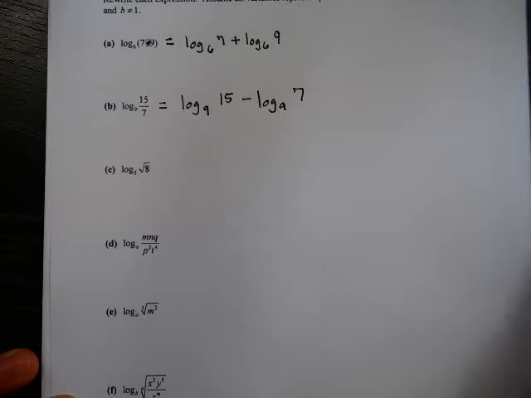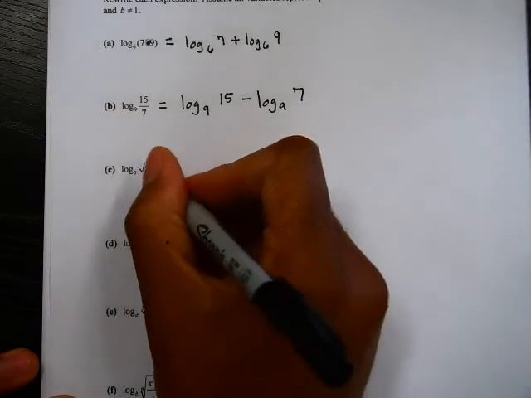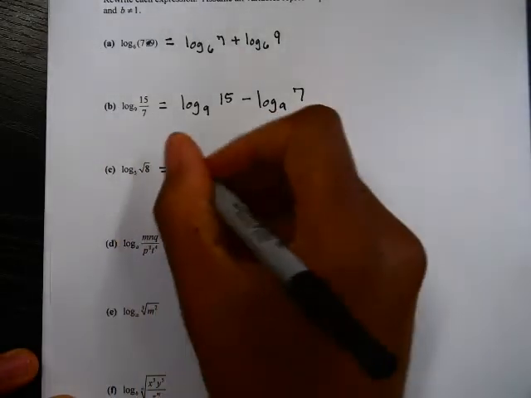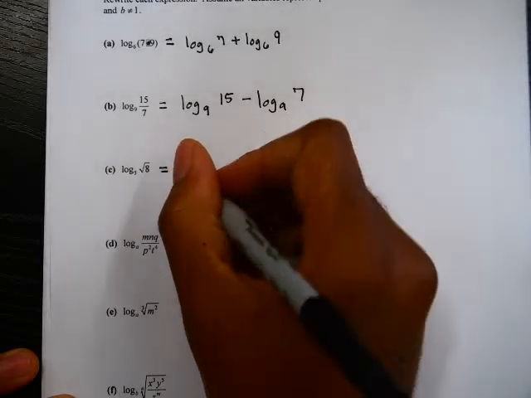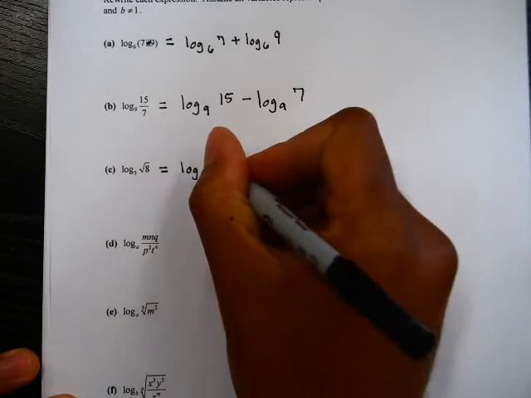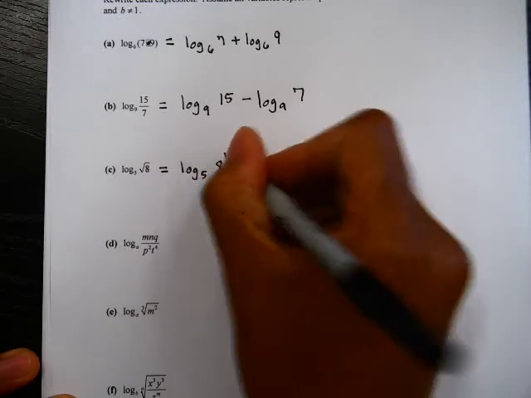For C, we have log base 5 of the square root of 8. Before I use the power property here, I'm going to change that radical expression so that it has an exponent. So log base 5 of the square root of 8 is the same as the log base 5 of 8 to the 1/2 power.